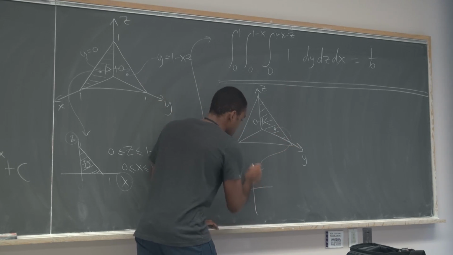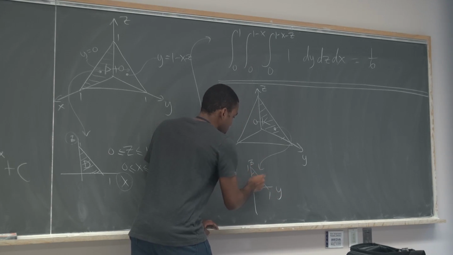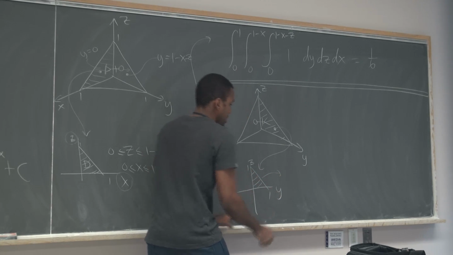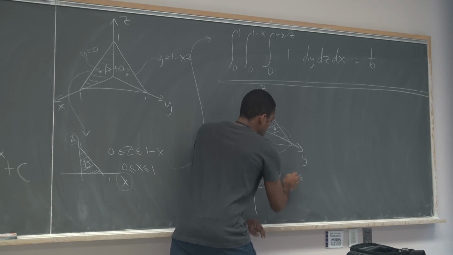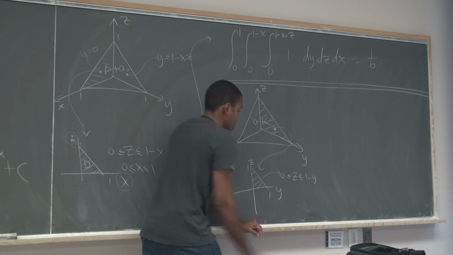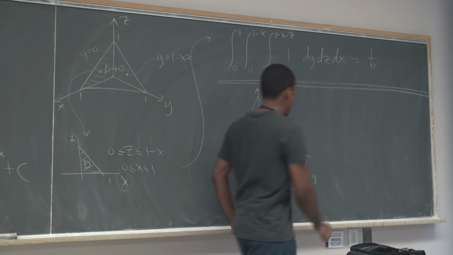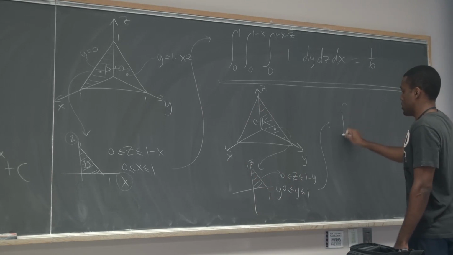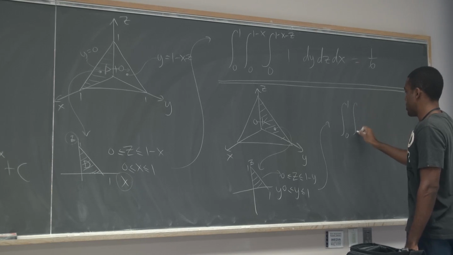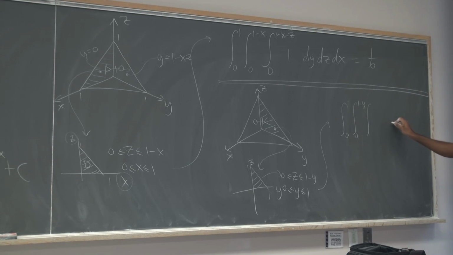Now the shaded portion is in the yz plane, which again is going to look like this. I can set this up as z goes from 0 up to 1 minus y. And my y goes between 0 and 1. So here I would have 0, 1, 0 to 1 minus y. There's a third integral, which is going to be dx, dz, dy.